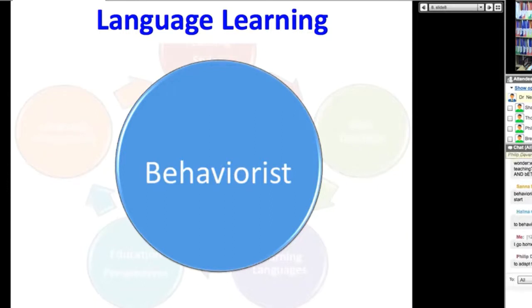That's a wonderful change. They couldn't say anything before, and now they can say, "I go home now." But you want them to go through a change. So how are you going to get them to go from saying, "I go home now," to saying, "I am going home now"? How are you going to get them from one place to the other? Well, you're going to change their behavior.